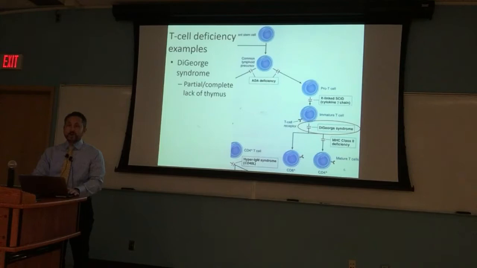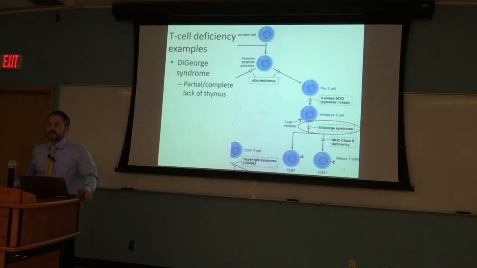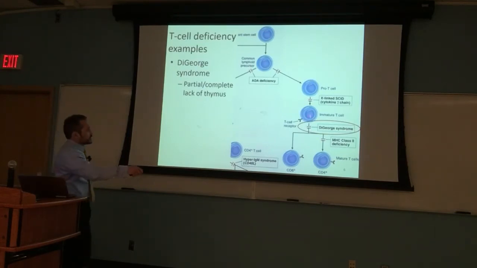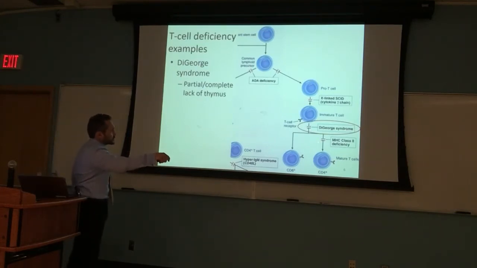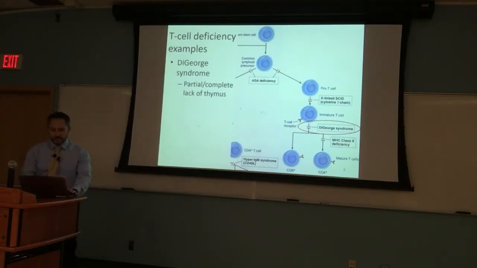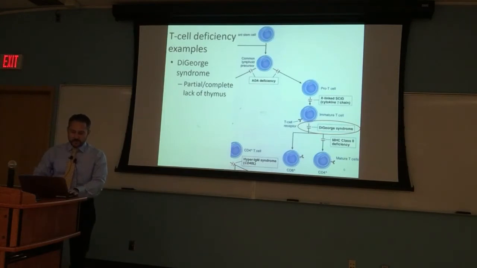Some of these patients will go on to get a thymus transplant, and then they'll probably have to be on what type of medication? Cyclosporin. Very good, very good. So you can appreciate here, again, in the thymus, if you have a DiGeorge syndrome mutation, you're not going to make either of the CD4 or the CD8 positive T cells.